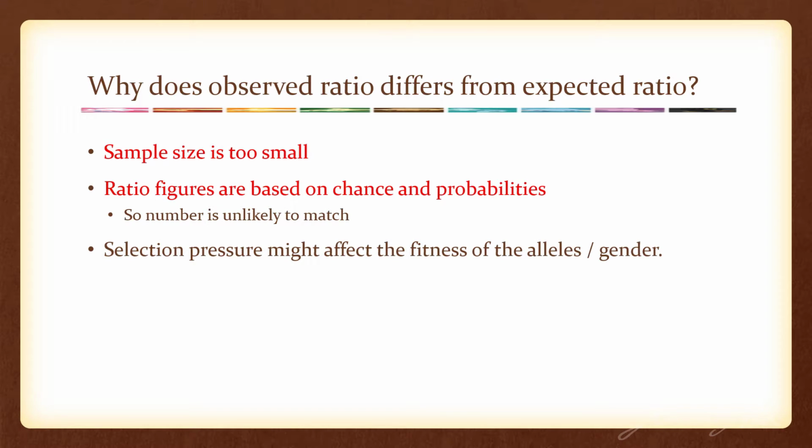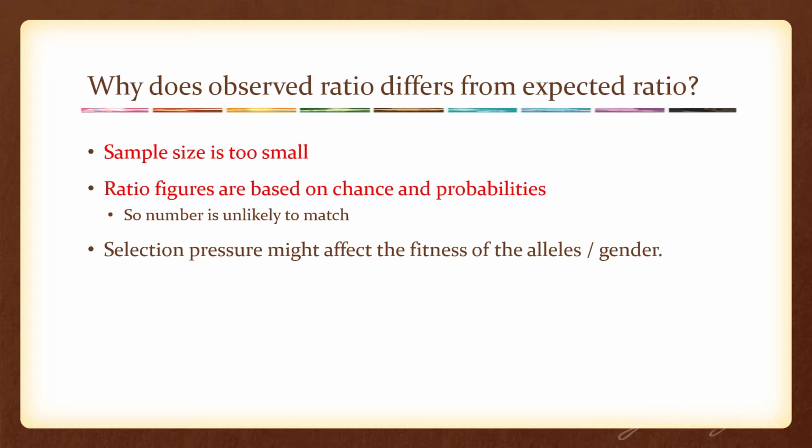So selection pressure might affect the fitness of the allele or the gender. Fitness is another way of saying the number. The example which I have given is the family might opt for an abortion if the gender of the child or the fetus isn't what they wanted. So this kind of selection pressure or preference might affect the observed ratio.